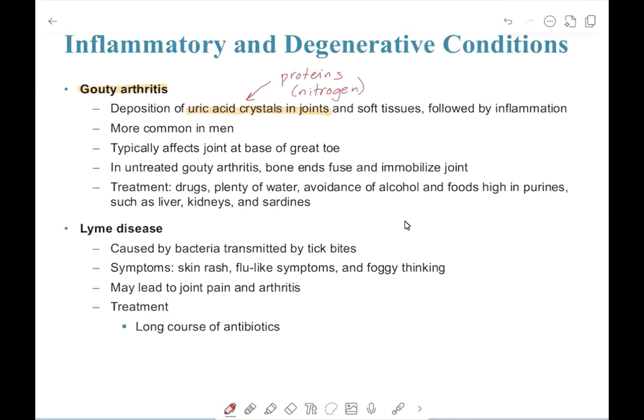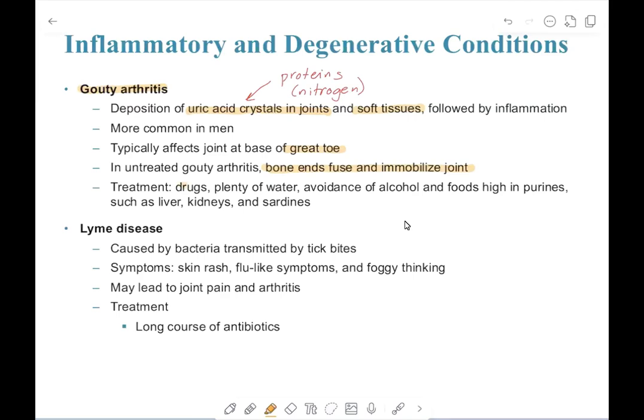So these crystals are going to deposit in joints and soft tissues, followed by inflammation. And they're typically found at the great toe, the large toe. And if untreated, the gouty arthritis could lead to bone ends fusing and immobilization of that joint.